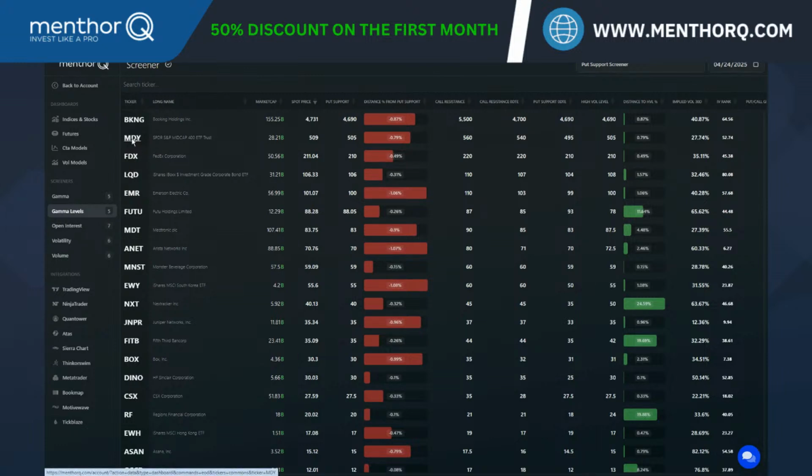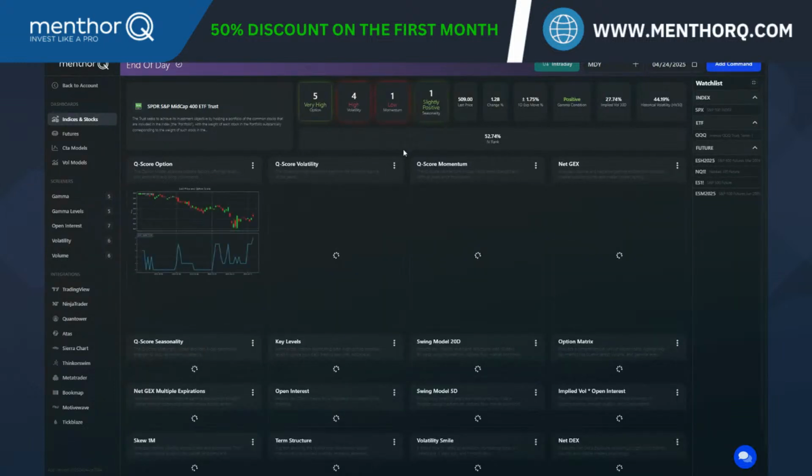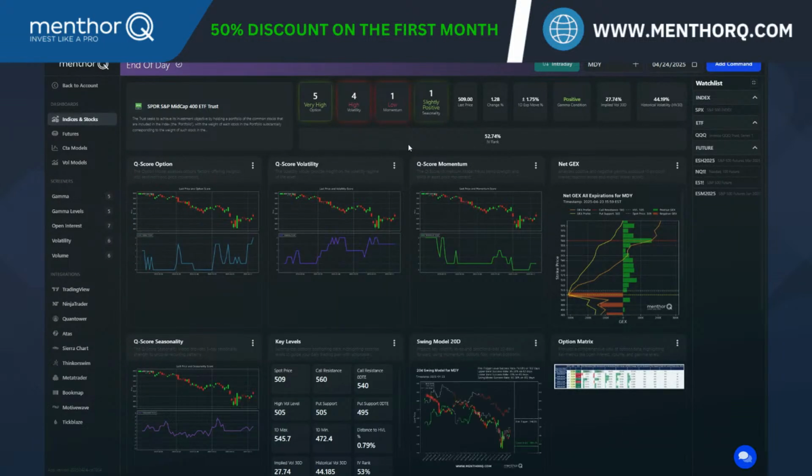It provides better risk. You don't have single stock risk. So we can look at the mid-cap ETF, and it says it's right near that put support. So we click here, we can bring up the main page for the securities. We can just go through the same kind of analysis. So if you're just looking to trade something, that's an excellent way to find potential candidates.